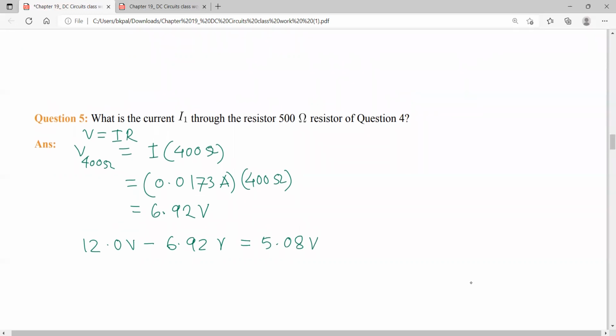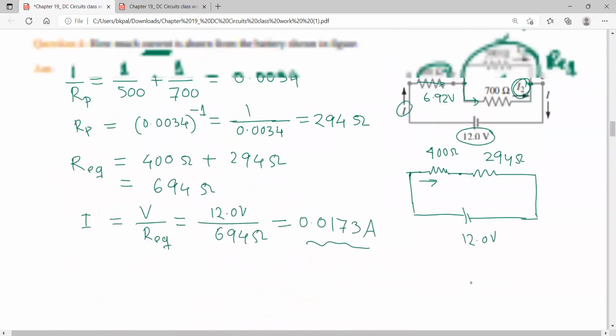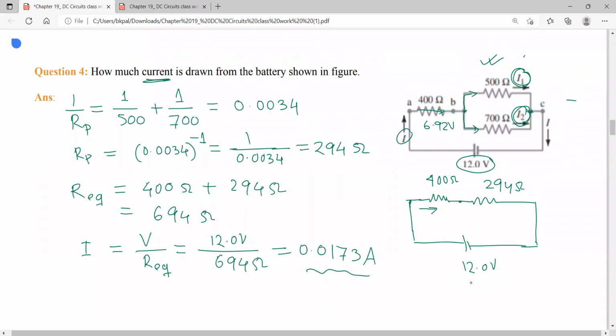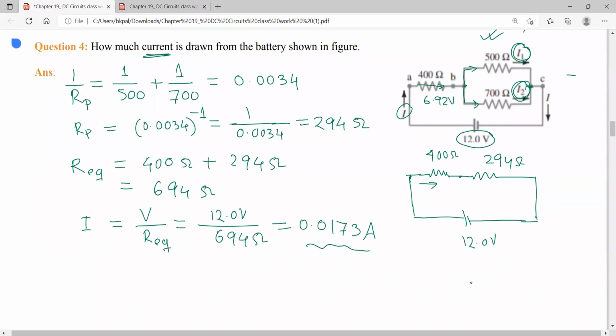So 5.08 volts drops in the parallel circuit. In AB, we can call the voltage that drops in the 400 ohm resistor VAB, 6.92 volts, and VBC we can call 5.08 volts.